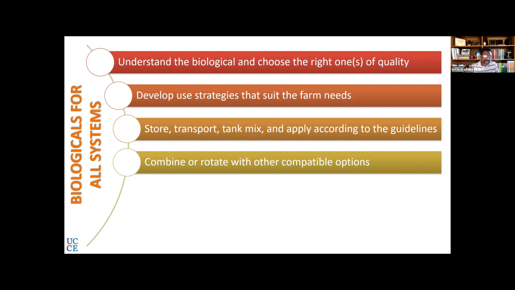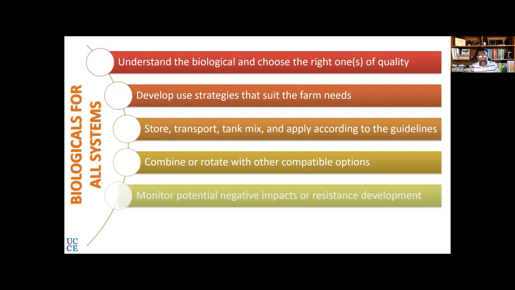So we can use these biologicals or synthetic materials along with those tactics. At the same time, we need to monitor the system, not just for the pests, but what is happening when I am doing this. It could be a positive impact when I'm continuously applying a particular one. It could be a positive thing, or it could be causing other unknown or unexpected harms.